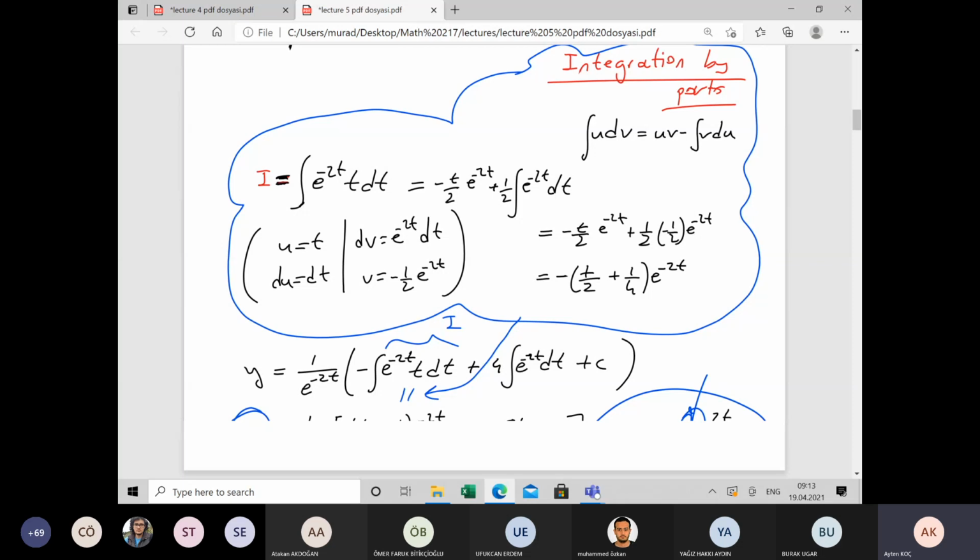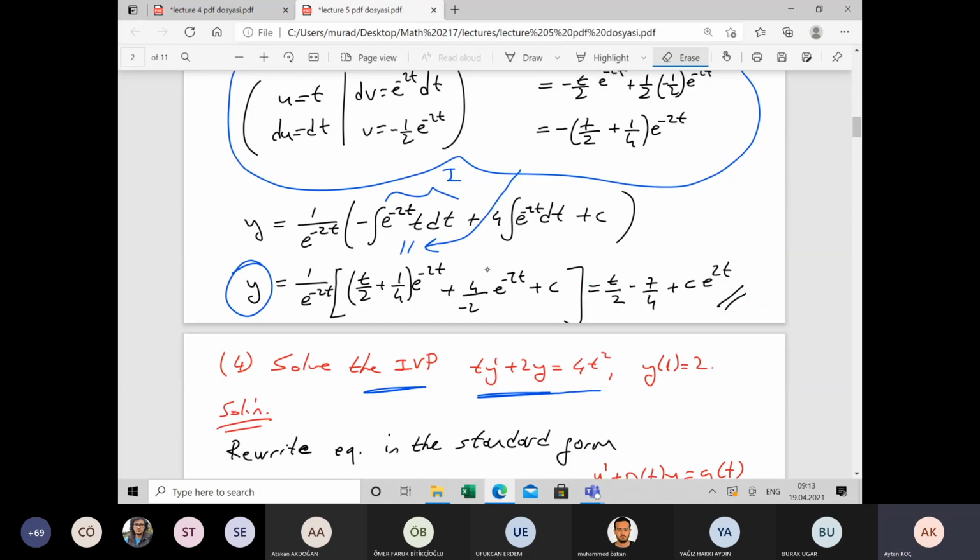Solve the initial value problem. This is an initial value problem because it contains one differential equation and one initial condition. Here it is a first order differential equation, so it contains one initial condition.